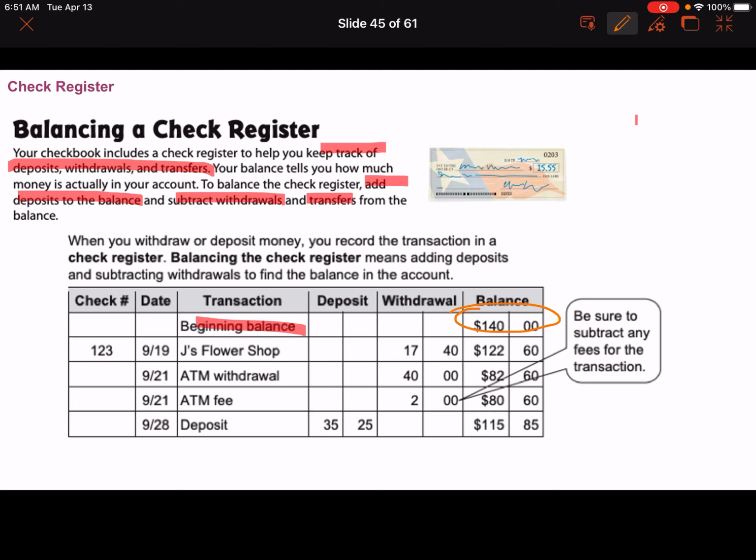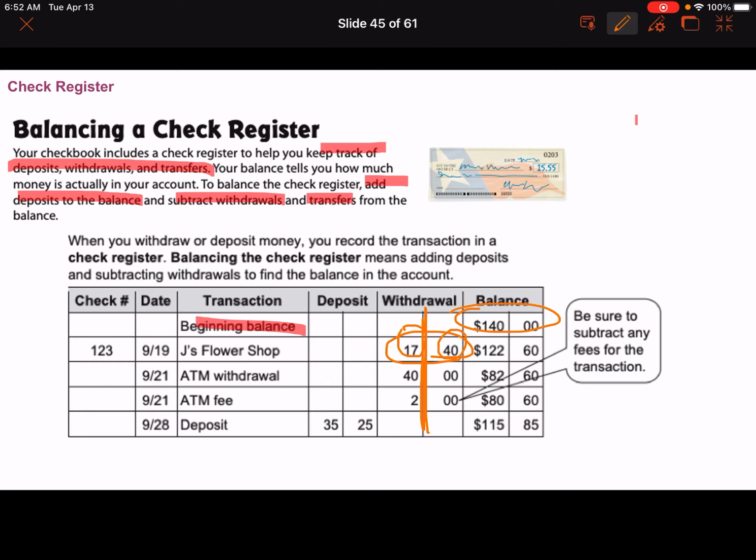On September 19th, this person went to Jay's flower shop, and we know that there's a withdrawal amount of $17.40. If you see here, there's this line, and this line separates the dollars and the cents.